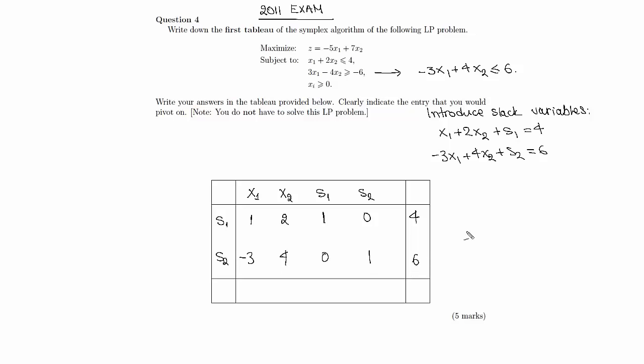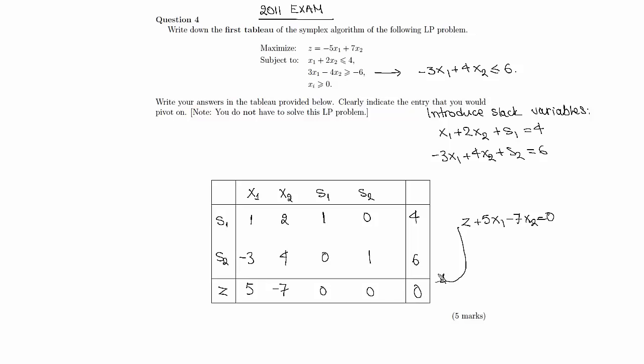And lastly, we rewrite the objective function as z + 5x1 - 7x2 is equal to 0, which we input in the last row of the tableau. So we have 5, -7 and zeros.